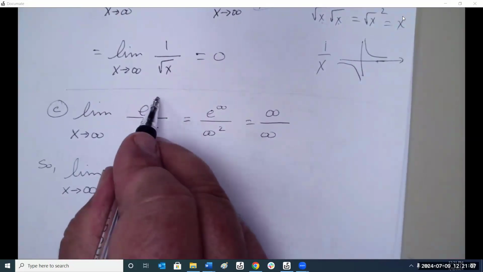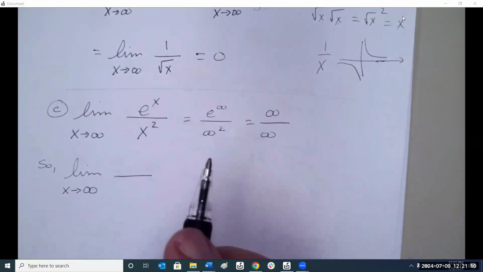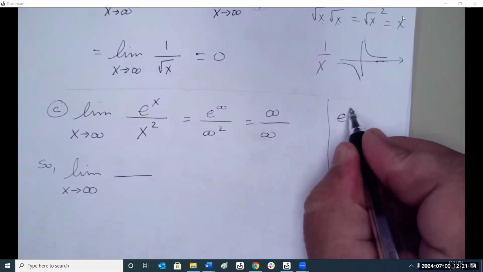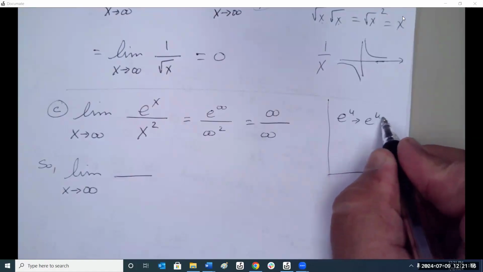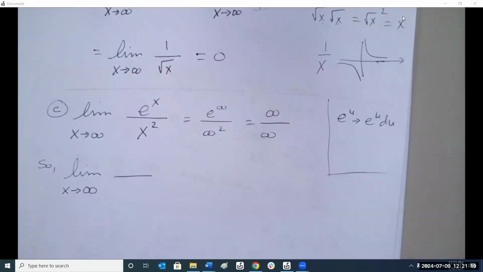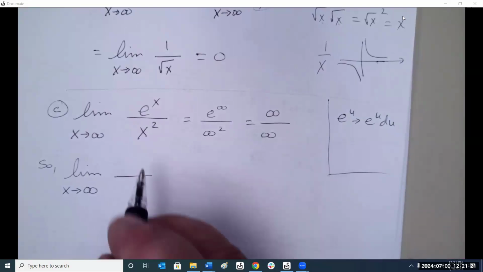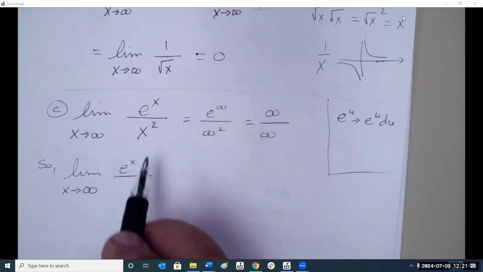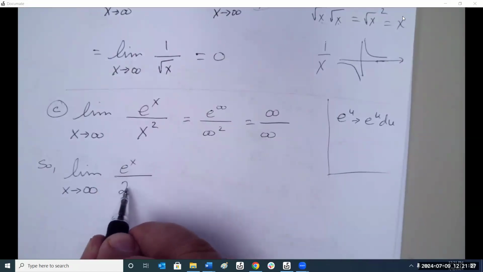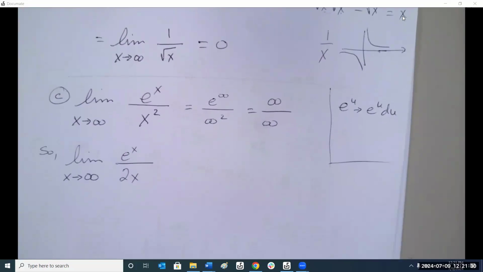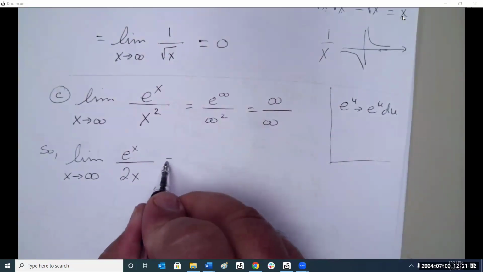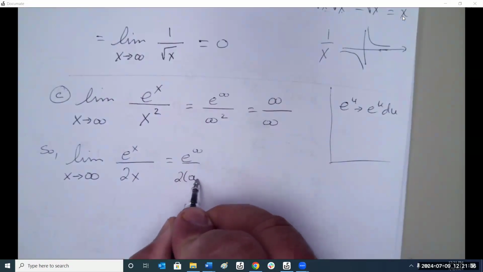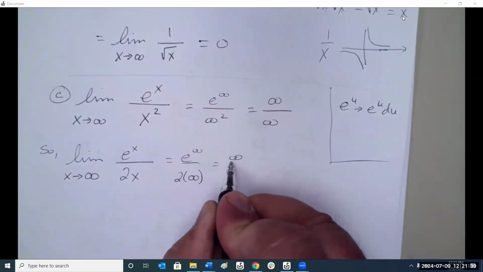The derivative of e to the x. Remember the derivative of e to the u is e to the u du. So it's just e to the x, derivative of the exponent is 1, over 2x. So we get e to the infinity over 2 times infinity. We got infinity over infinity.